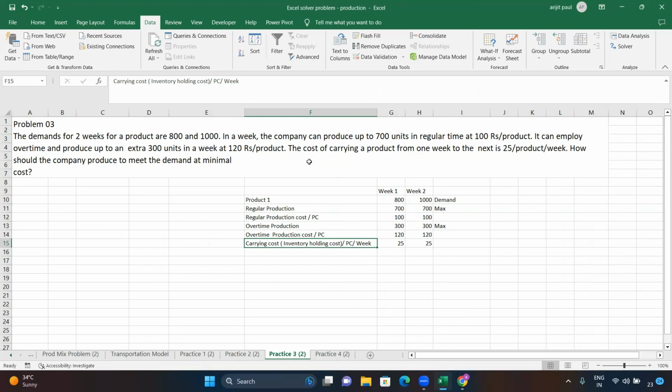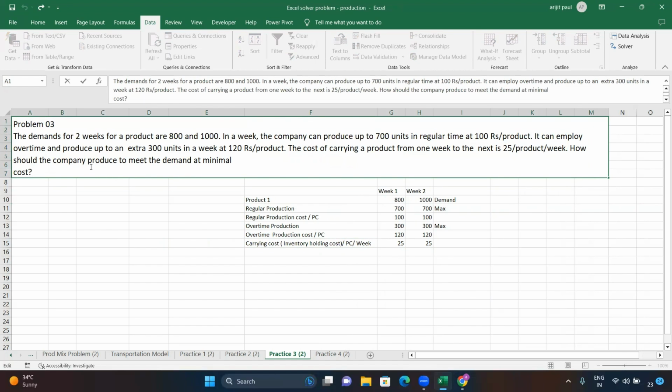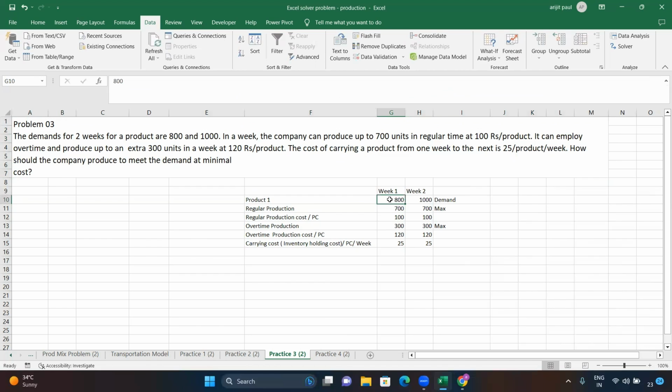Now, what do we need to find out? How should the company produce to meet the demand at the minimum cost? That means we need to fulfill this demand on a week-wise basis.